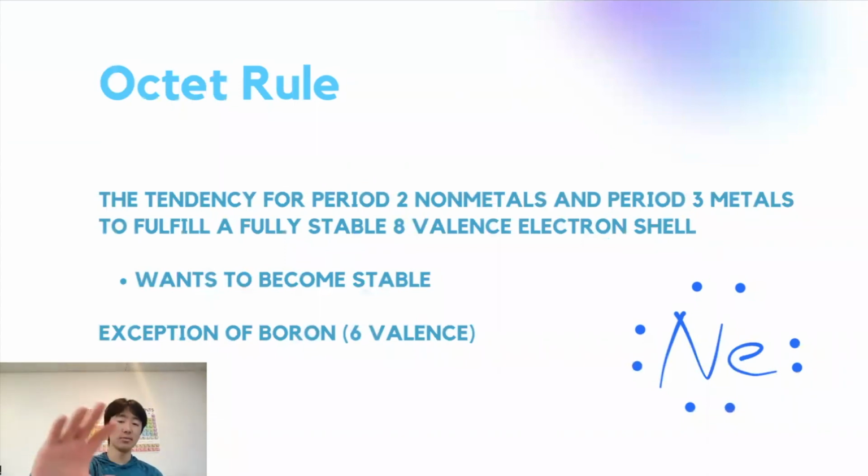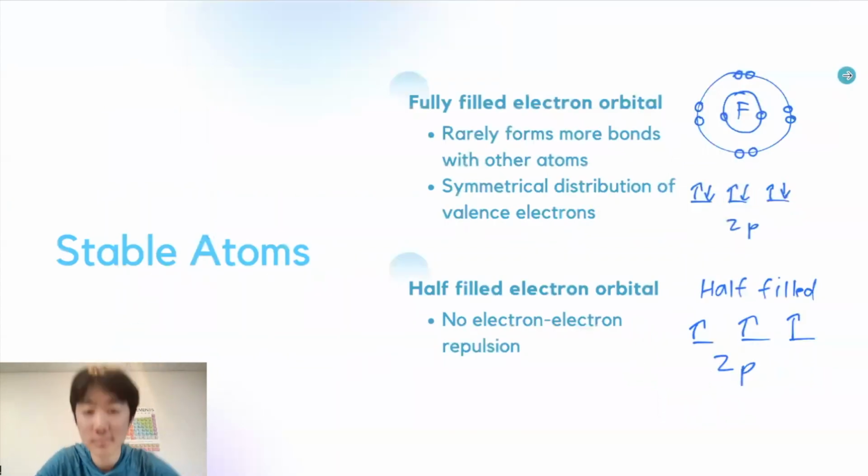So atoms that are closer to making an 8 valence electron shell have greater electronegativity because they want to make a stable shell more, right? With the exception of boron. Boron is an exception to the Octet Rule, and it fulfills 6 valence electrons instead of 8 valence electrons, right?